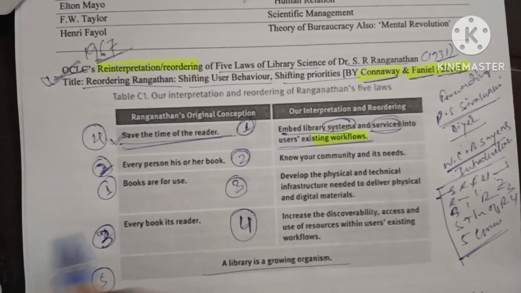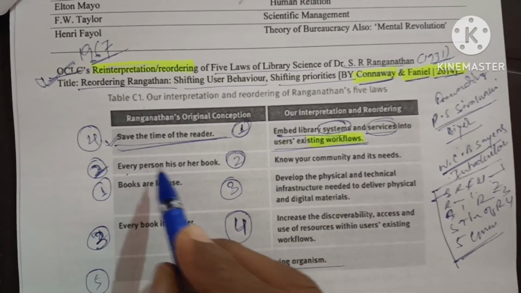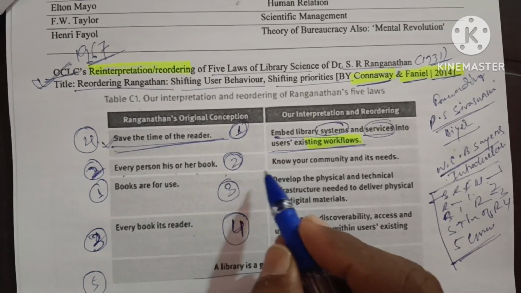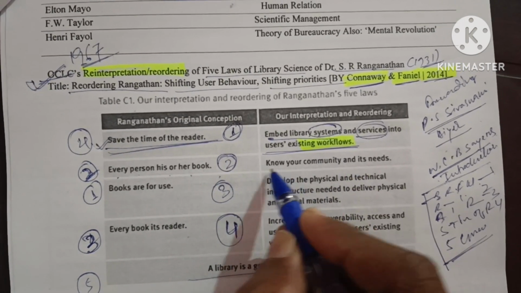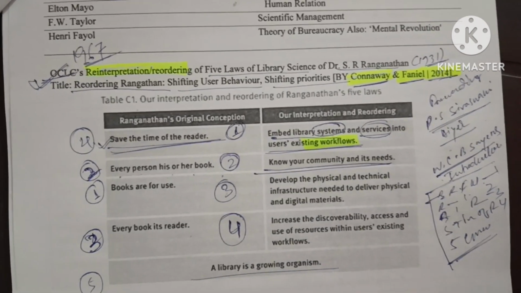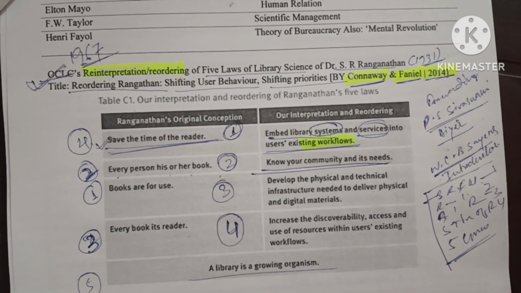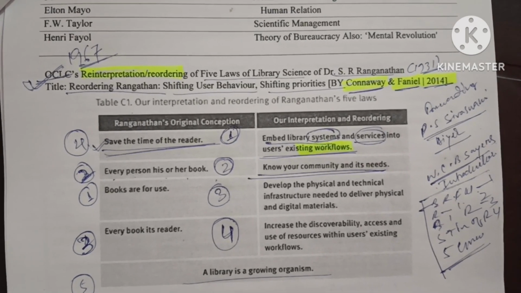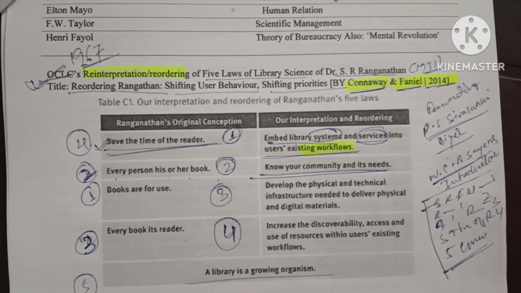reordering. Okay, the second thing, every person his or her book, is the second law. Earlier it was the second law, and now also it is the second law. They say: know your community and its needs. Ultimately Ranganathan also said that we have to know the user. We have to do the study so that we can procure better books and provide better services.